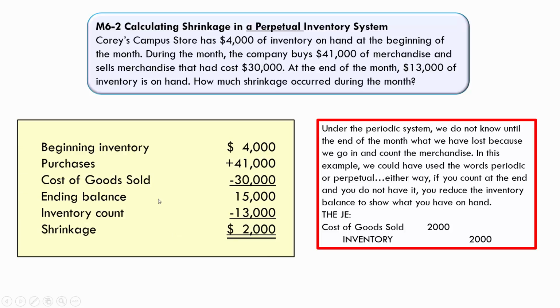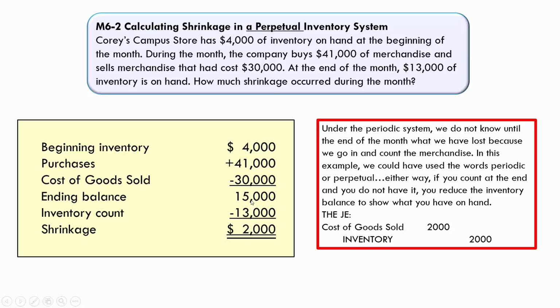The calculations again: beginning inventory plus purchases. They're not giving us a line here for goods available, but with these two combined it would be 45. Their actual cost of goods sold, which they have recorded according to the perpetual system, is 30,000. The ending balance should then be 15, because goods available either shows up in cost of goods sold or in ending inventory.